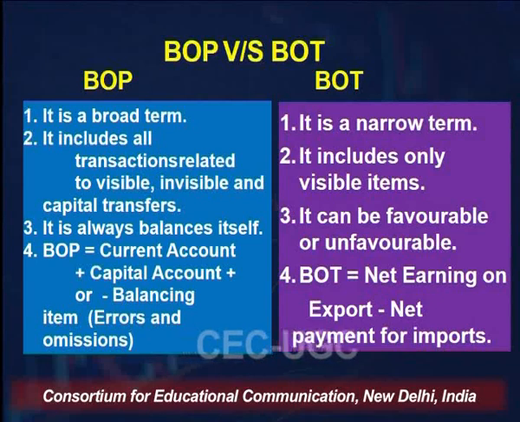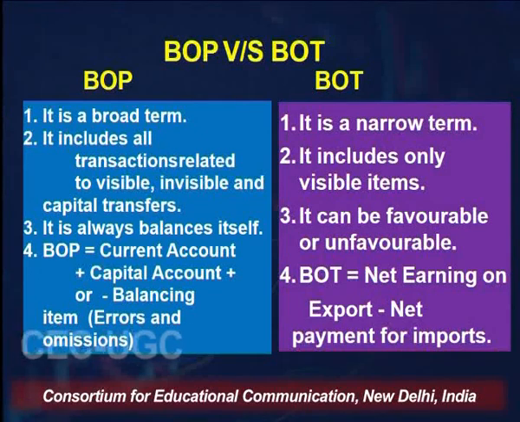Balance of payment includes all transactions related to visible and invisible items and also capital transfers, whereas balance of trade includes only visible items, so only the trade of goods is included here. Balance of payment always balances itself, but balance of trade can be favorable or unfavorable.